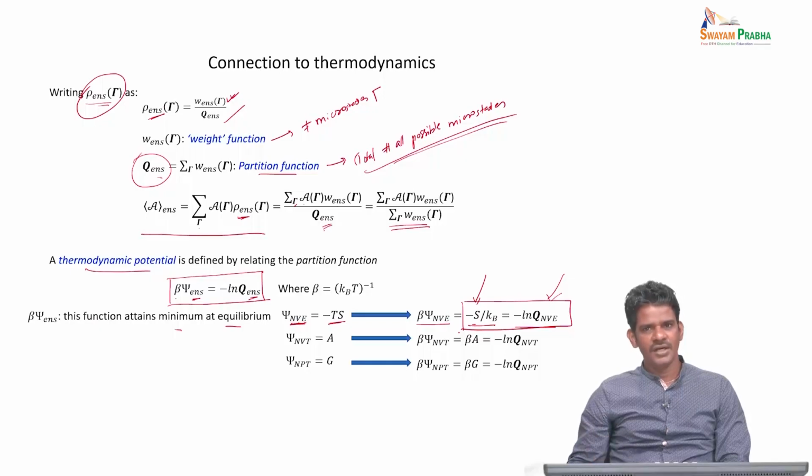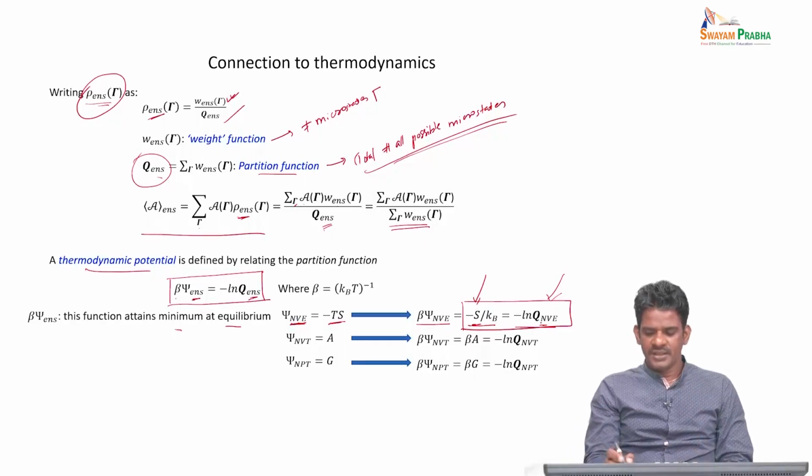Or we simply say dQ by T. But now you can see that statistical mechanics gives you a microscopic interpretation of what entropy is. The entropy is related to the total number of microstates that are available. And when the system reaches equilibrium, this entropy is maximum, but the entropy and the potentials are defined with opposite signs. So entropy getting maximum means this potential goes to minimum.